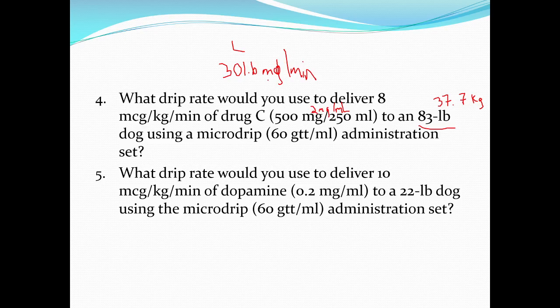Micrograms are not milligrams, right? So we want to change that to milligrams. So how do we do that? Micrograms to milligrams, there are 1,000 micrograms in each milligram.